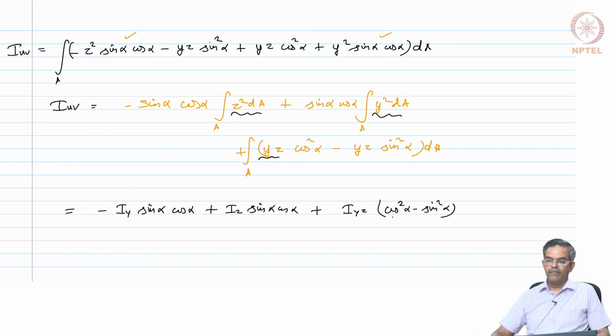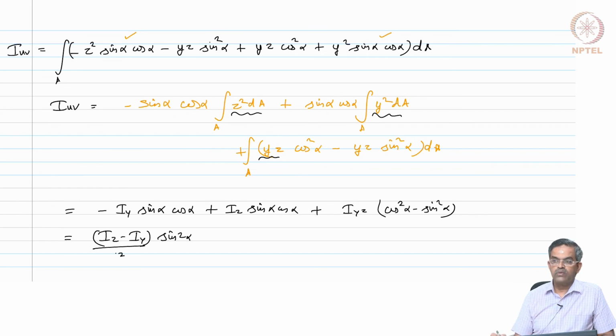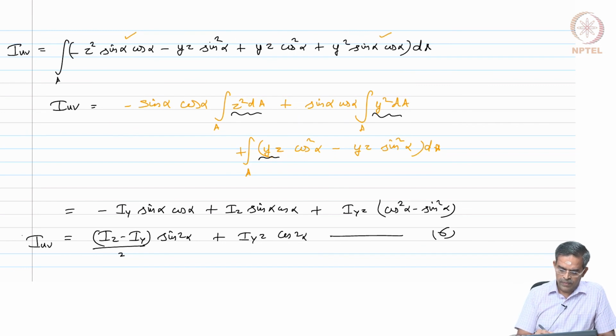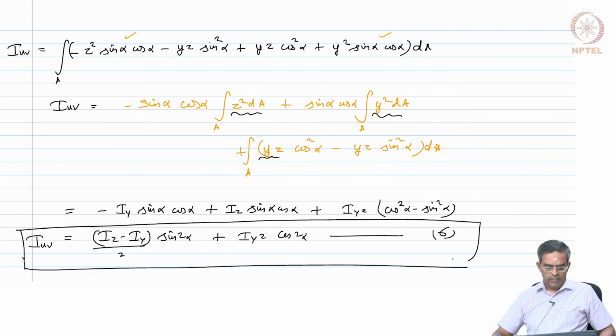Am I right? Which now amounts to (Iz minus Iy) sin 2 alpha by 2 plus Iyz cos 2 alpha. Equation 6. This is my Iuv. It's a classical equation.